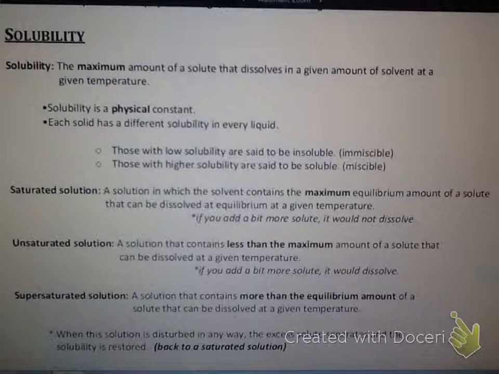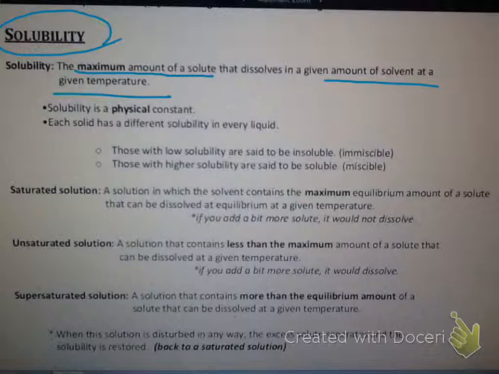Let's talk about solubility now, because this is very similar to the word soluble, but it's solubility. Solubility is a physical property of any reagent that can be listed. It's just a physical property that's known of any compound or substance. The solubility tells us the maximum amount of solute that can dissolve in any given amount of solvent at a given temperature.